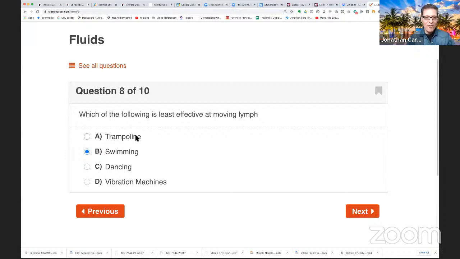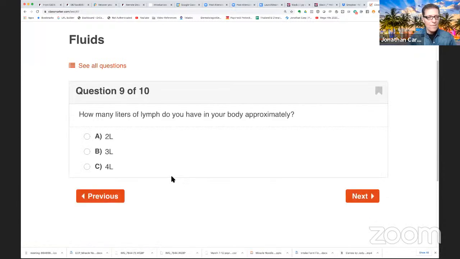And again, whenever you hear lymph, I want you to just think the fluid that bathes all the cells in the body. And then I want you to think about how you really need to get that thing moving, as well as making sure you have enough water to hydrate. How many liters of lymph do you have? I don't think I actually went over this, but you have around 3 liters of lymph running around in your body.